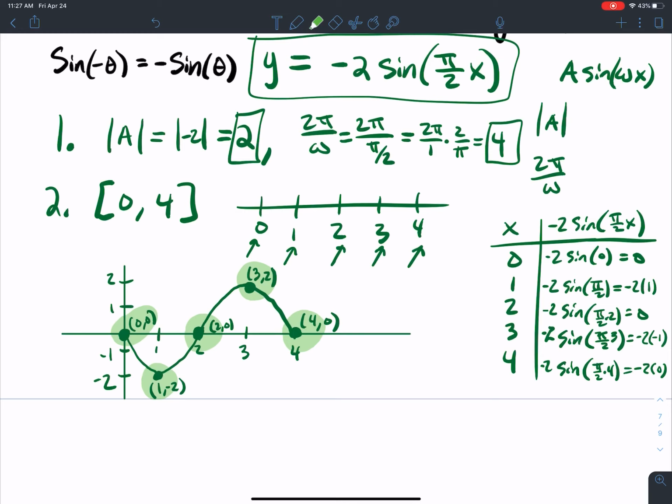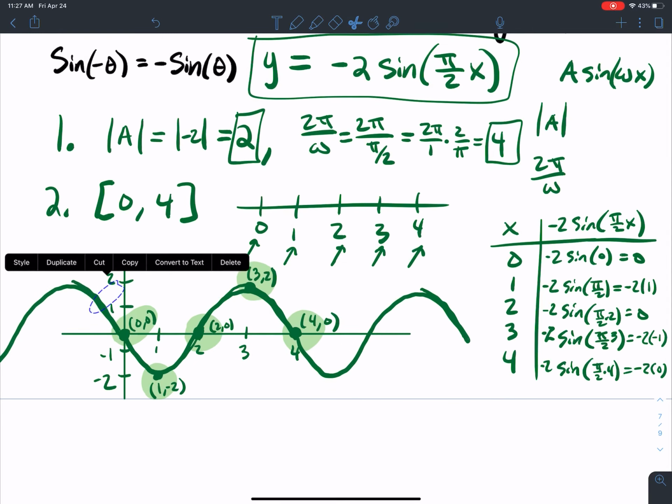And if you want, you can continue the curve as far as you need it to go. Once you get the period through, then you can just copy and paste, and this graph continues forever and ever. Any theta you can think of, you can plot in.